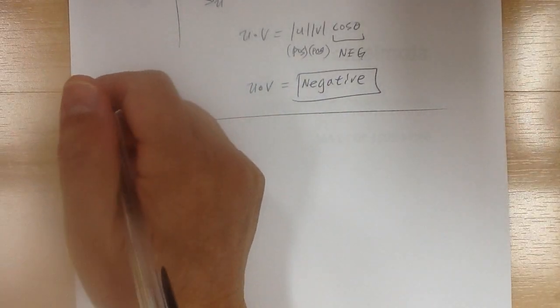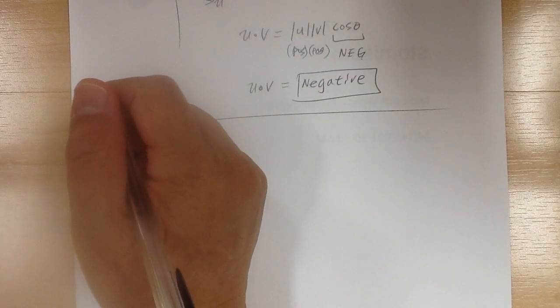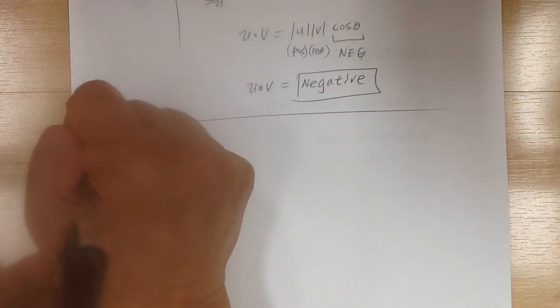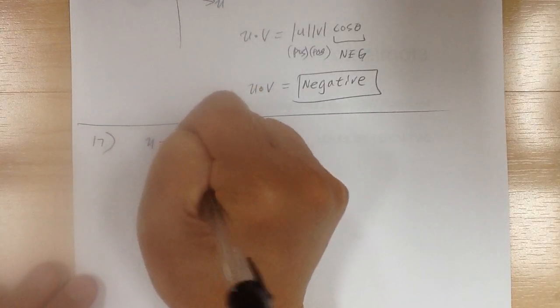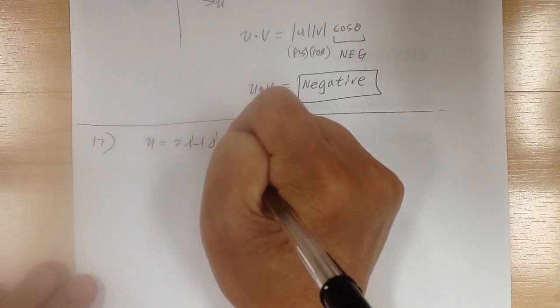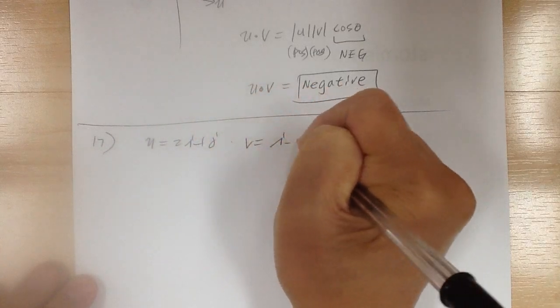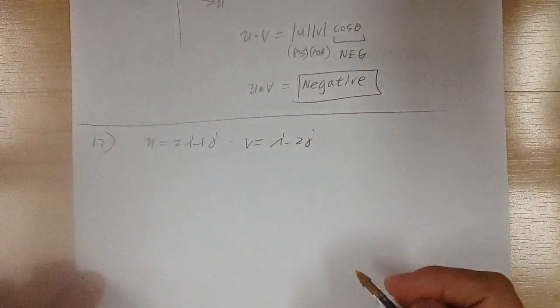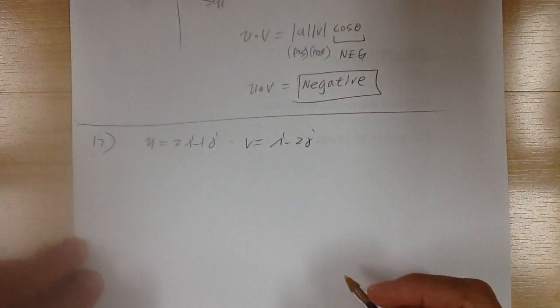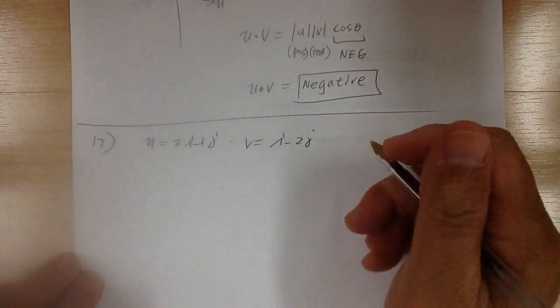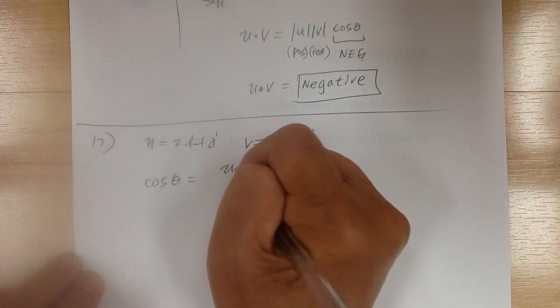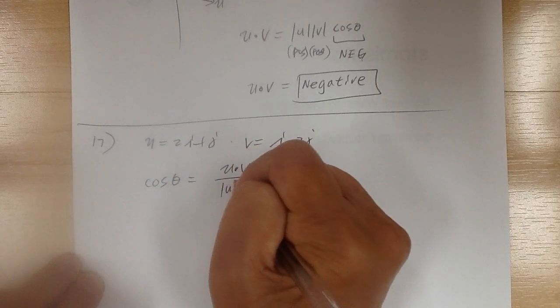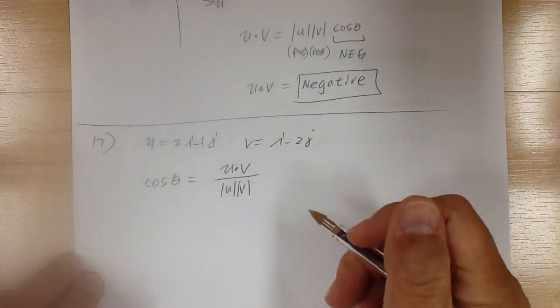Okay. Let's go to 17. You have u equals 2i plus j, and v equals i minus 2j. Again, remember cosine theta, the angle between them, equals u dot v over the length of u times the length of v.